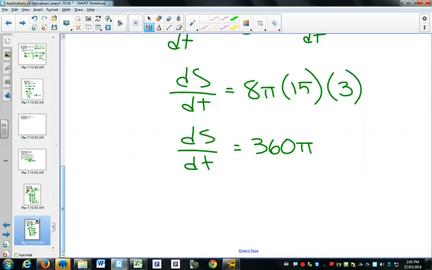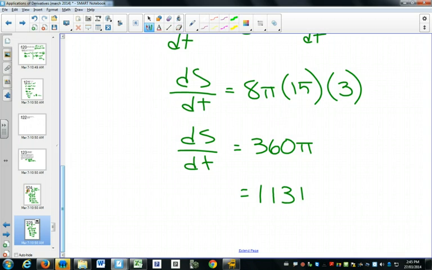Okay, is that 360? Oh, geez, yes it is. All right, we got it right. I'm glad we have fast calculations and calculators to use. 1,130.97335529. So 1,131.